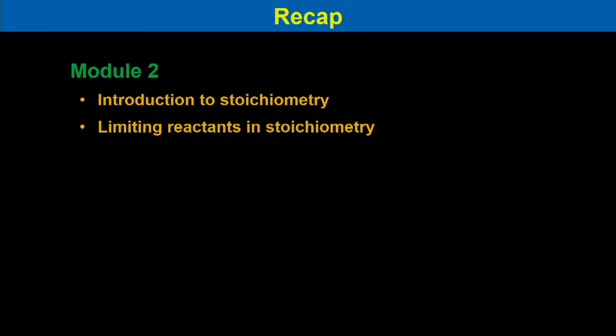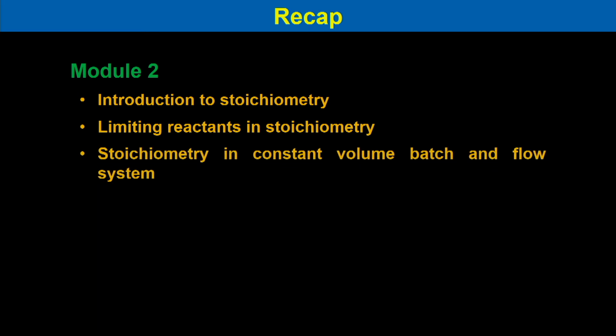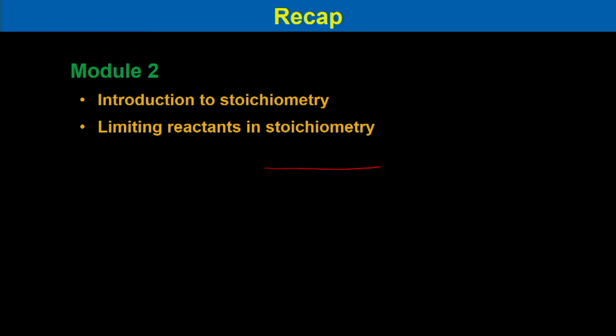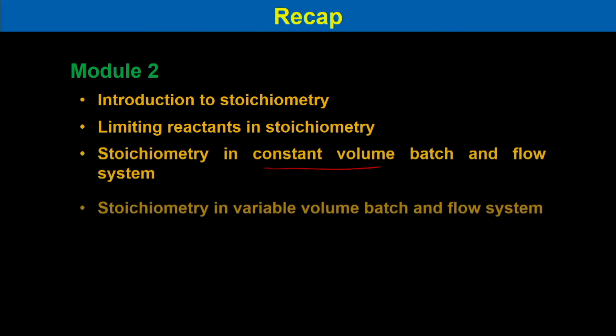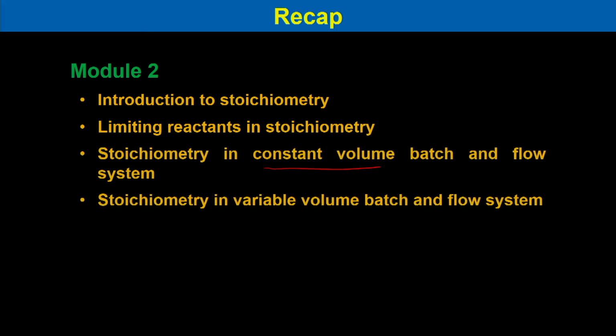We considered two reactors, batch reactor and flow reactor, and for both cases we considered constant volume batch and flow reactor and how to obtain the stoichiometry in that system. And finally, we considered stoichiometry in variable volume batch and flow systems. So, each system we have completed with different examples.